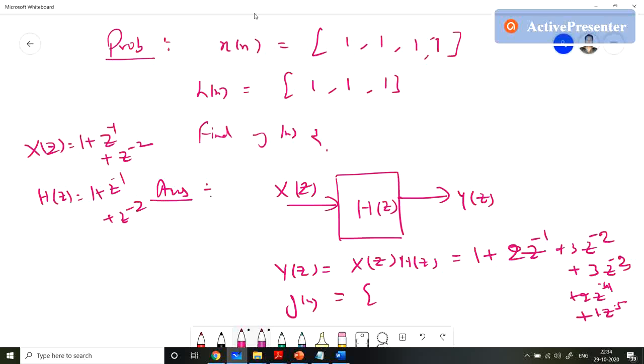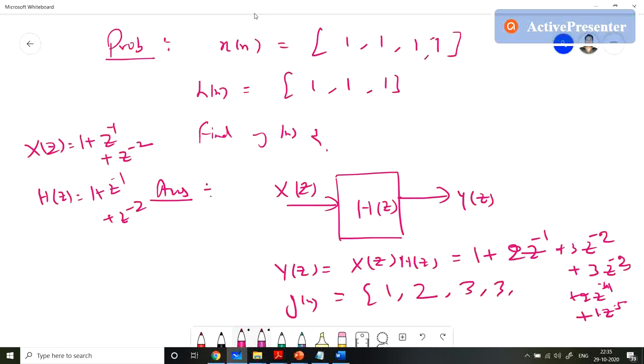So this is our relation. In short we can write it as 1, then we have 2z^-1.